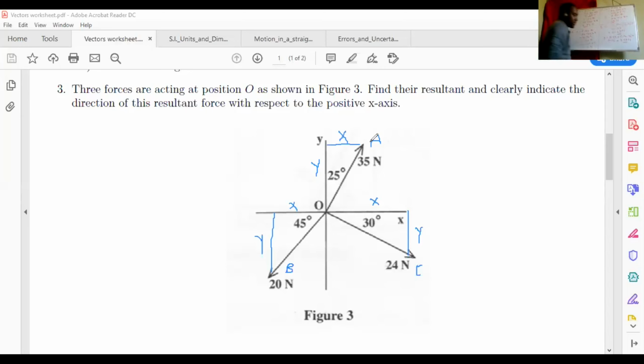Right, so those are the two components of your resultant. So we can find the final value.